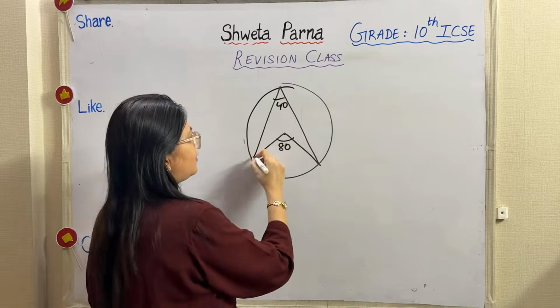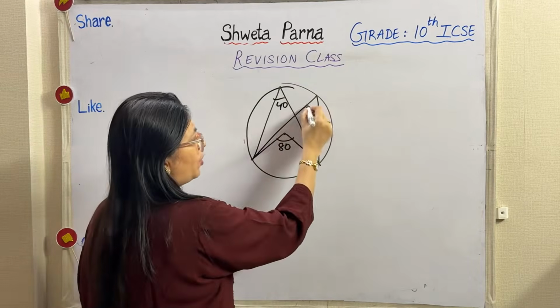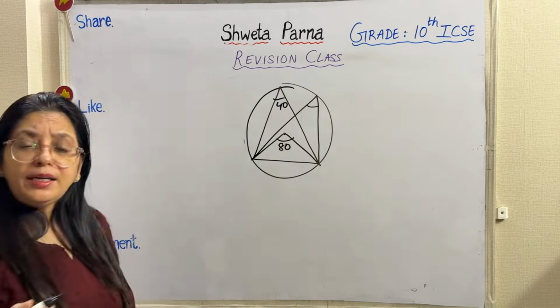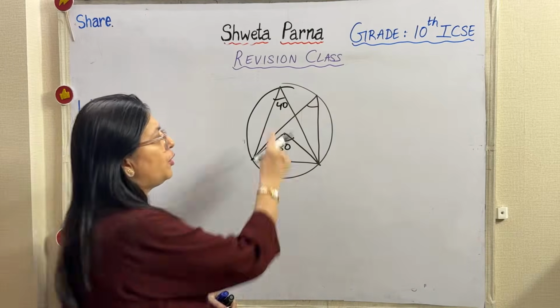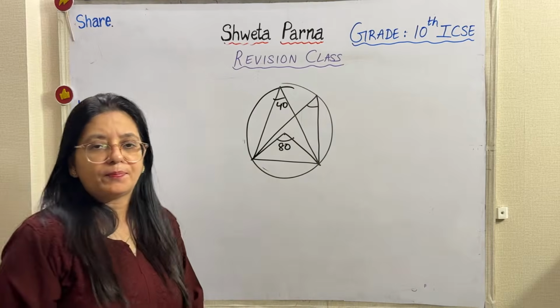The next theorem says that if I draw one more angle, these two angles will be the same. Why? Because the segments are equal. So angles in the same segment are equal. If this is 40, even this is 40, because the base is same.